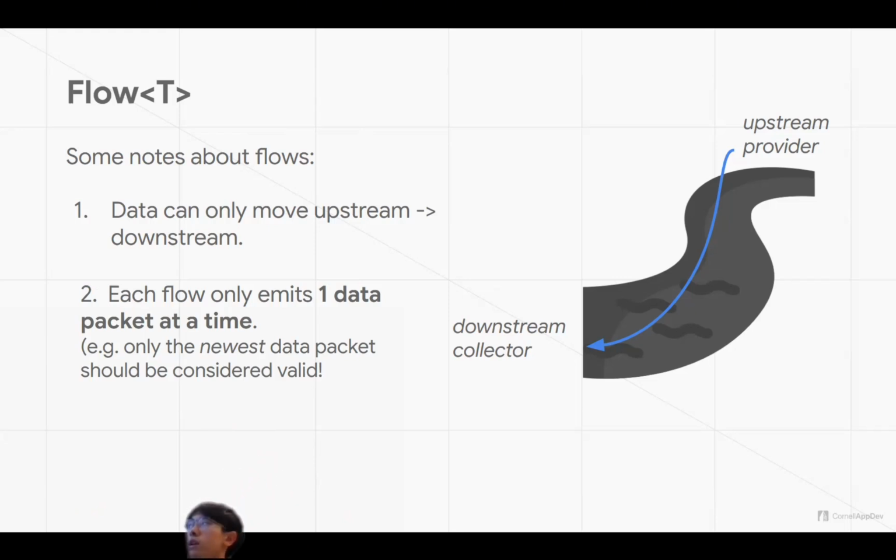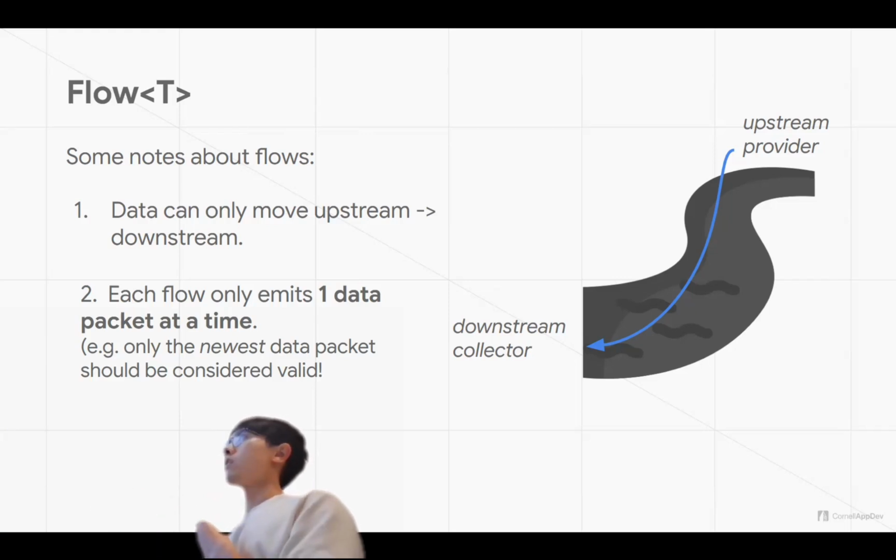In other words, the view only has to care about the most recent piece of information, the most recent data packet being sent from the provider, and all of the previous ones sent before it do not matter at all.